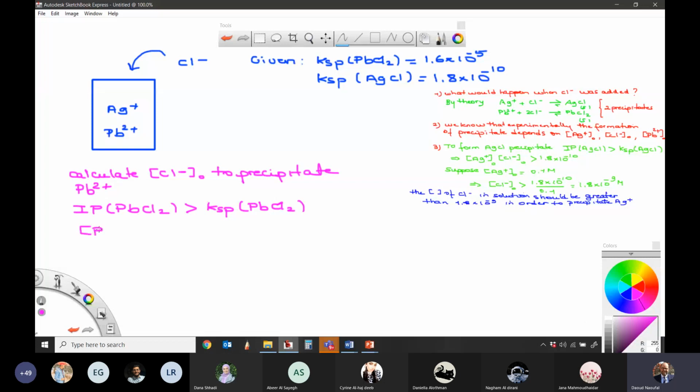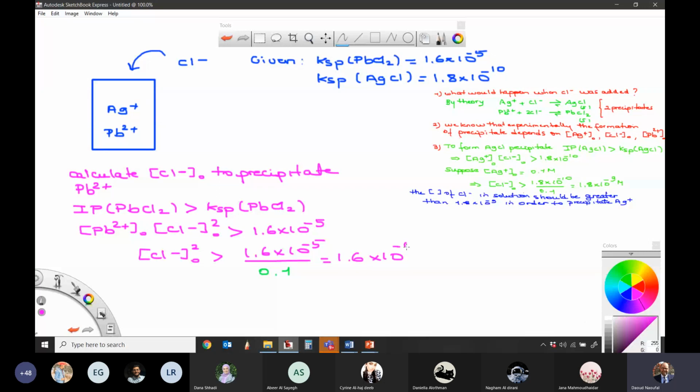So Pb2+ initial times Cl- square initial should be greater than 1.6 10 minus 5. Suppose the concentration of Pb2+ initial is also 0.1, so Cl- square should be greater than 1.6 times 10 minus 4 molar. What is the meaning?